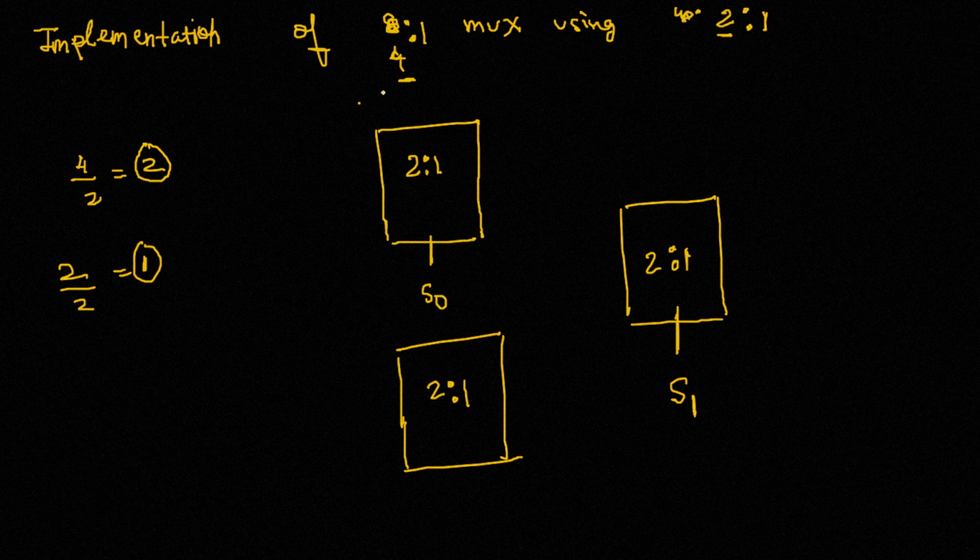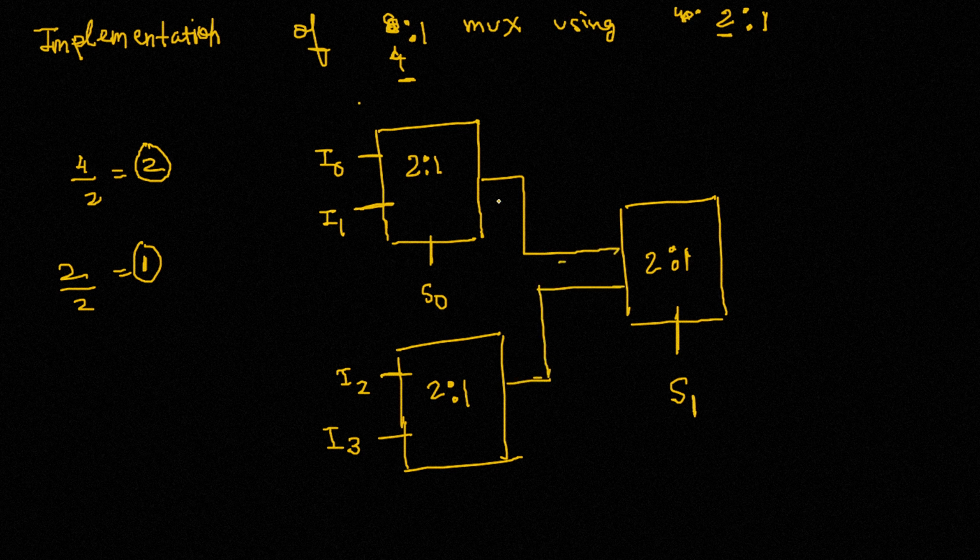Okay, so we know that a 4 cross 1 mux has 4 inputs. Among these 4 inputs, I0 and I1 are fed into the first multiplexer, and I2 and I3 are fed into the second multiplexer. So let's see exactly how it works.